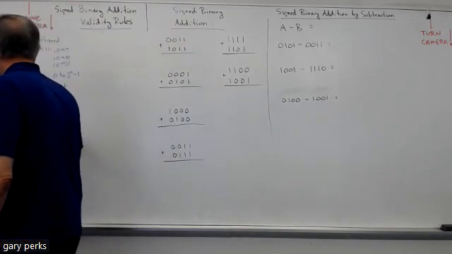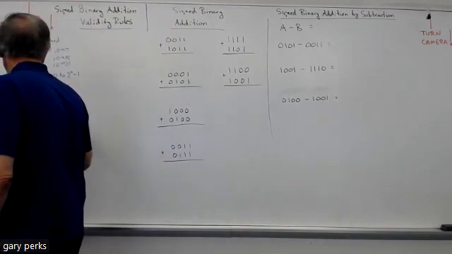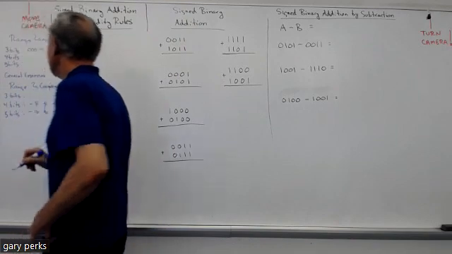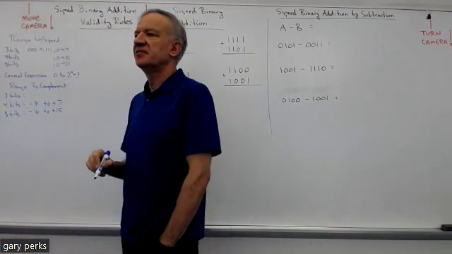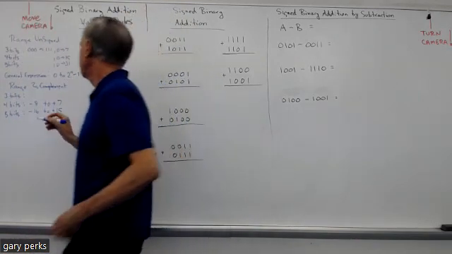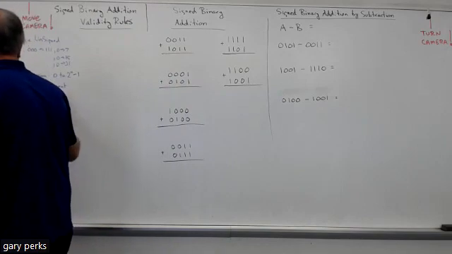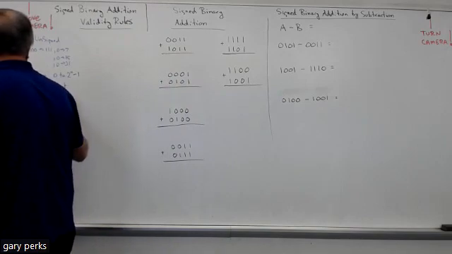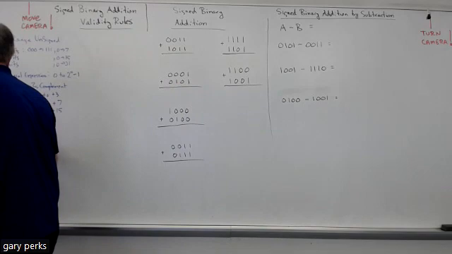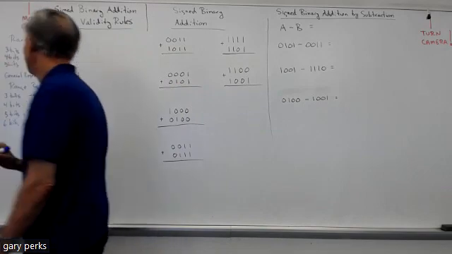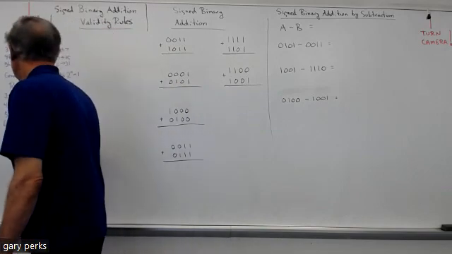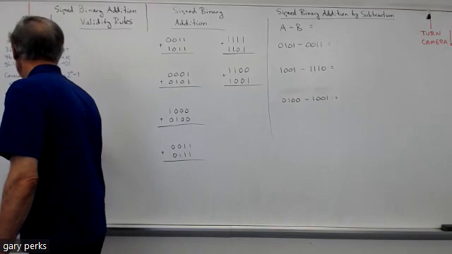Yep, it's going to be -16 to +15. How about 3 bits? -4 to +3. Yep, -4 is great. Let's go 6 bits. Yeah, -32 to +31.